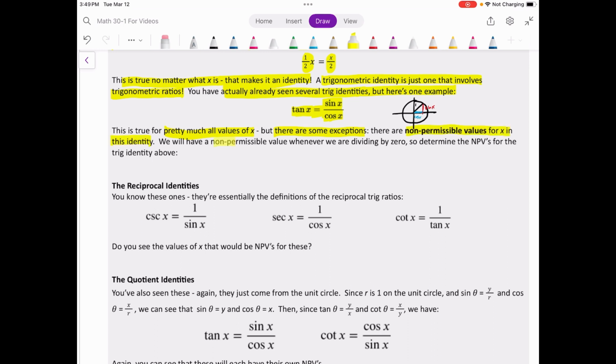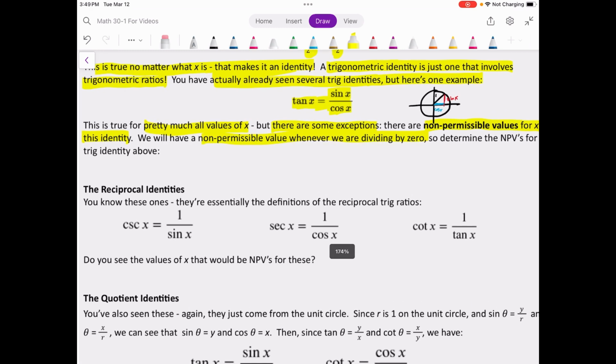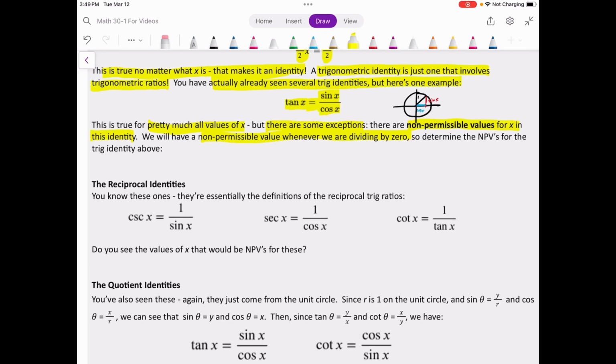We have non-permissible values whenever we divide by zero, so it's asking us to determine what are the NPVs for that trig identity. Well, for tan x equals sine x over cos x, we're dividing by cos x. So that tells us we're going to get NPVs where cos x equals 0.